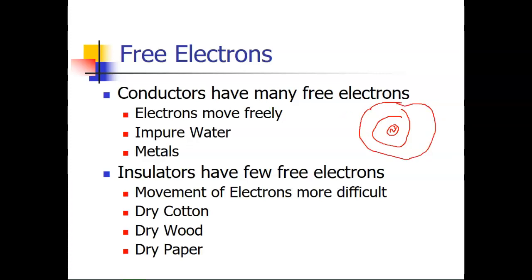So what do most atoms want to maintain being a happy atom? Y'all remember that term? In order to become a happy atom, most atoms want to have 8 electrons in this outermost ring.